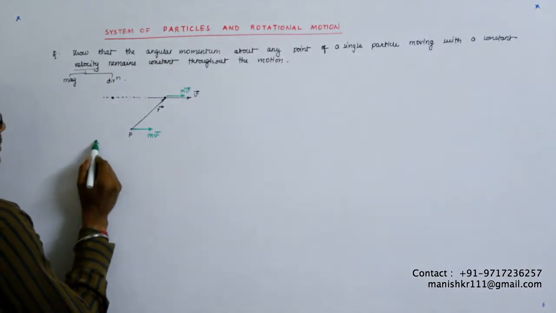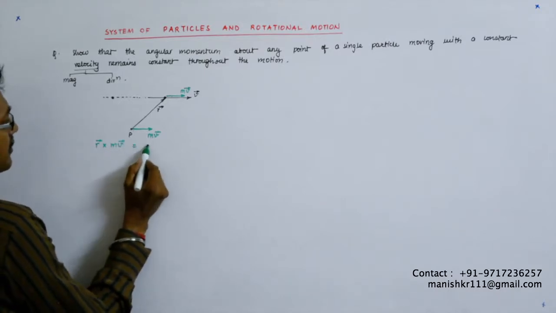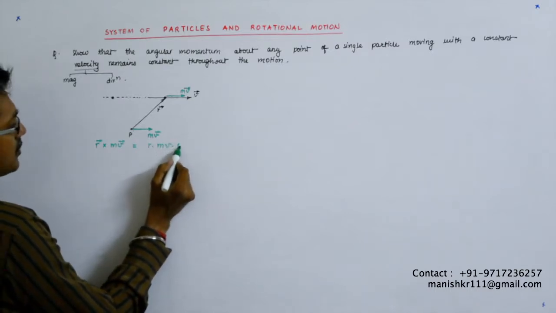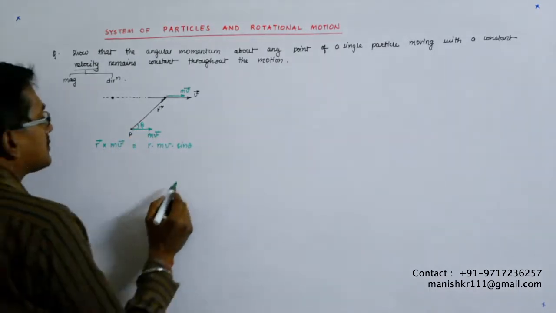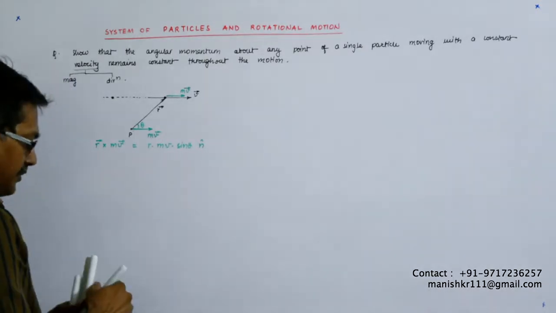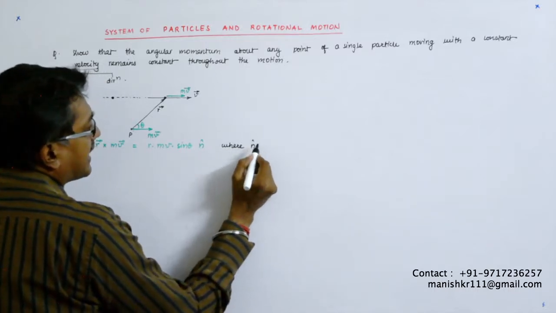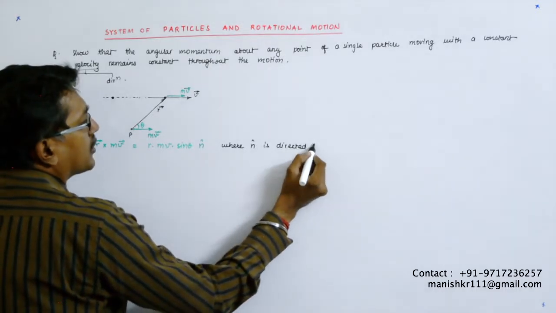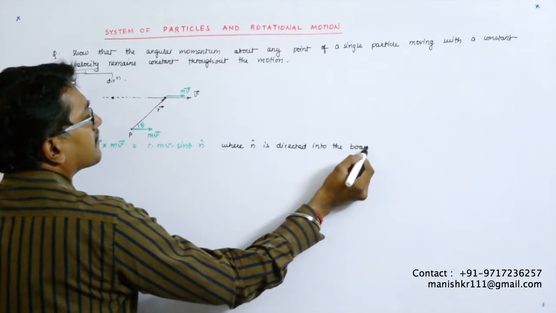So R cross mv is equal to R into mv into sine theta, where theta is this, into n cap, where n cap is directed into the board. Correct?